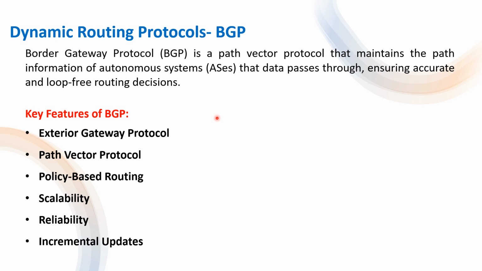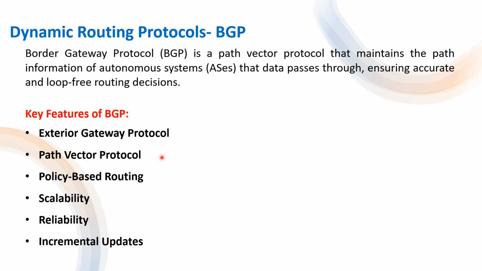Unlike protocols like OSPF or RIP, which operate within a single autonomous system, BGP is used to exchange routing information between autonomous systems. This makes BGP crucial for the functioning of the Internet. BGP is a path vector protocol, which means it maintains the path that data takes to reach its destination.